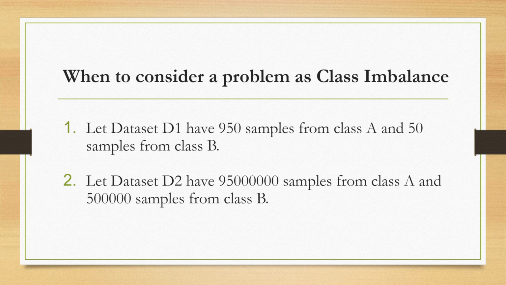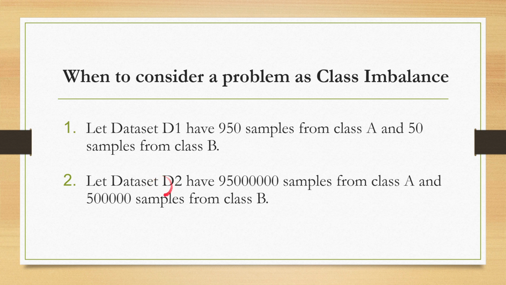For dataset D1, if we give the dataset as it is to the model, it will be biased and will not be generalized. It will predict only class A most of the time. But if we have dataset D2 and give the same dataset to the model, it can understand the hidden patterns or underlying distribution for class B samples, and it is able to discriminate between class A and class B. Therefore, dataset D2 is not a big problem, but it still affects the performance of the model.